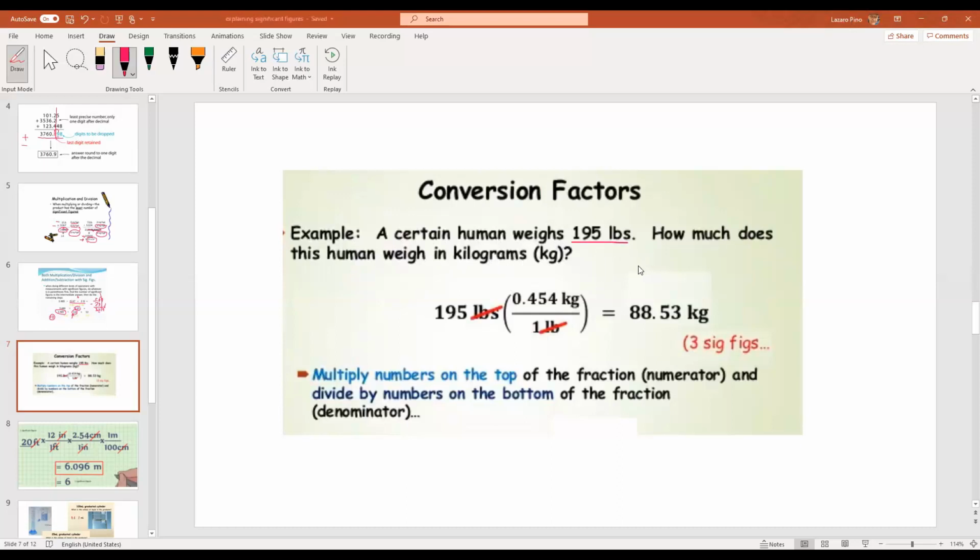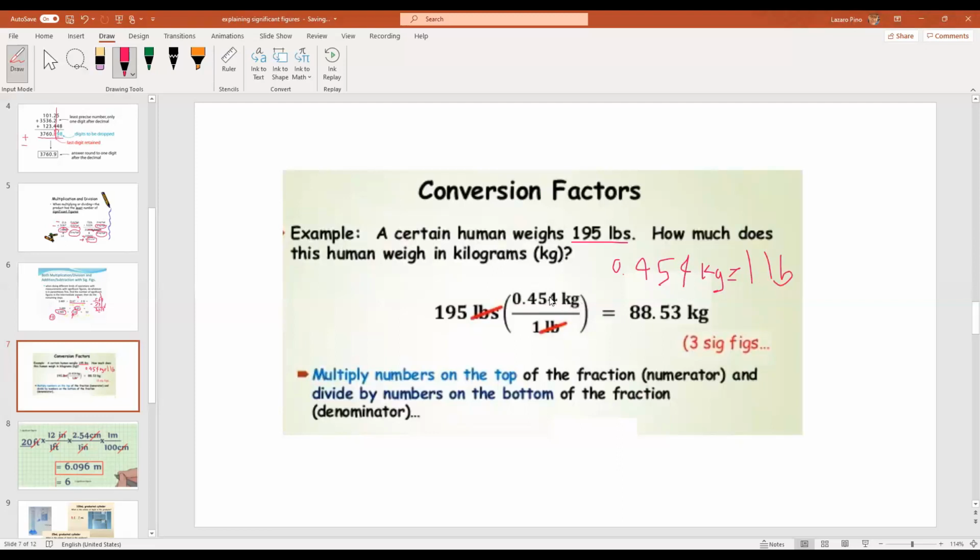Then you go to a table and you notice that 0.454 kilograms is equal to 1 pound.